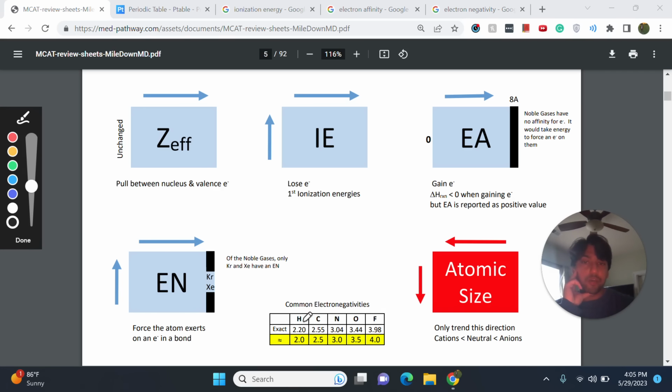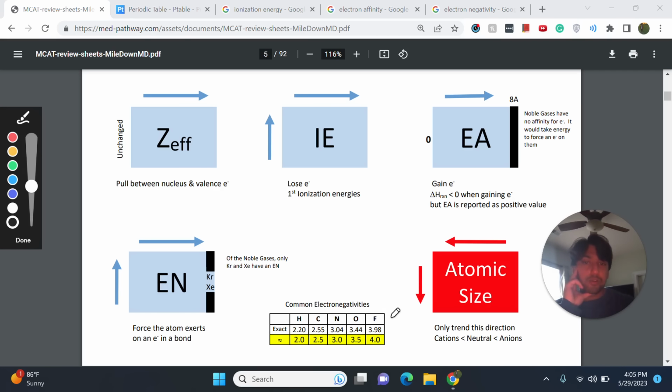So if you have HF, hydrofluoric acid, the fluorine's electronegativity is 4 and hydrogen's is only 2, so you know that fluorine is going to share unevenly and have most of the electron pair. They're going to share, but they're going to share unevenly.